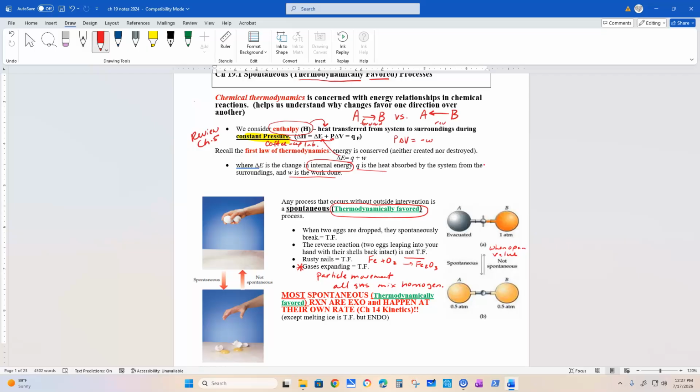So right here, if you had part A, it says evacuated. So that means you have no gas here, but you have actually 1 atm of gas. So if you have gases in here, and then as soon as you open the valve, the gases will mix on their own. You didn't have to do anything. Now, let's go back.